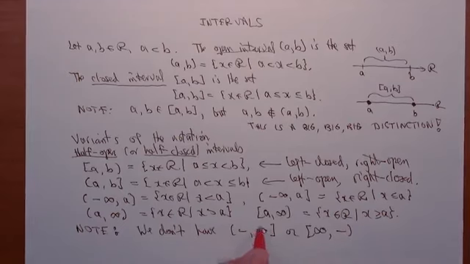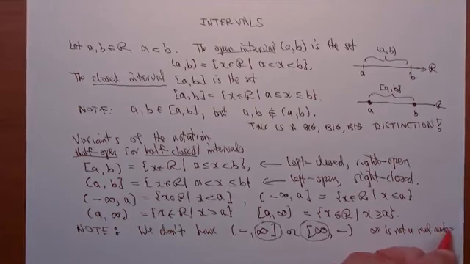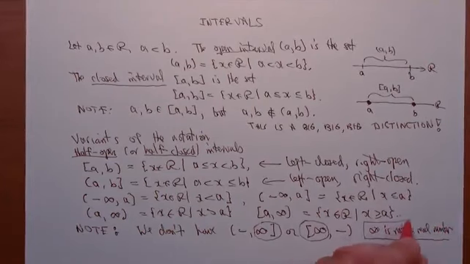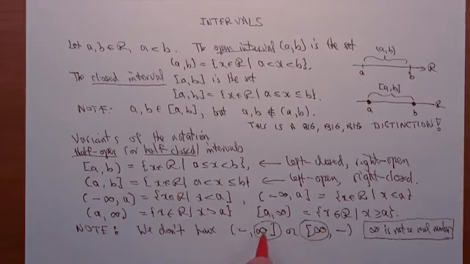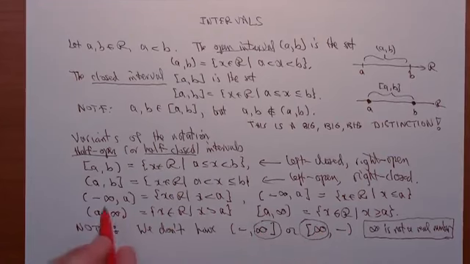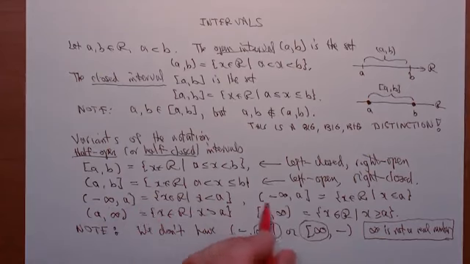You can't have infinity next to a square bracket, because infinity is not a real number. So there's no possibility of this guy, whatever it is, being an element of the interval. Notice that when I defined these, there was no mention of infinity. I just said all those x's to the left of A. Ditto, ditto, ditto.